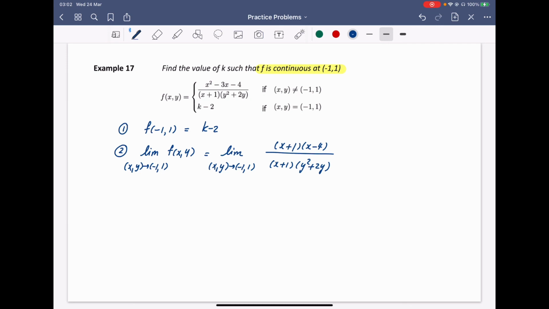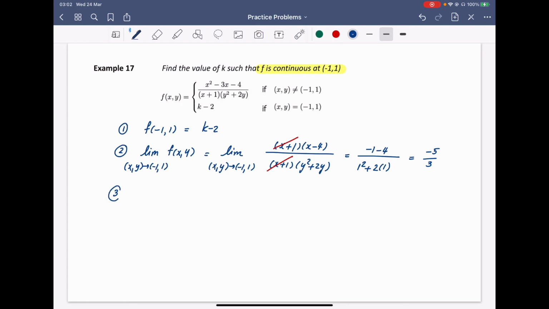Well, that's good now. So you can cancel out x plus 1, and now you can compute the limit easily. So the limit is going to be -1 minus 4 over 1 squared plus 2 times 1, which is actually -5 over 3, right? -5 over 3.